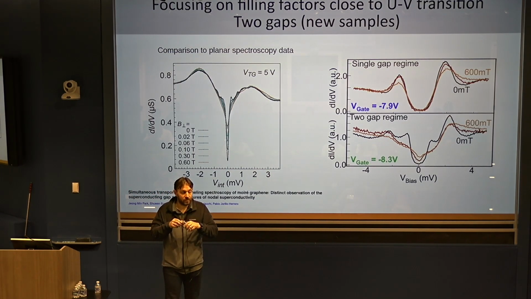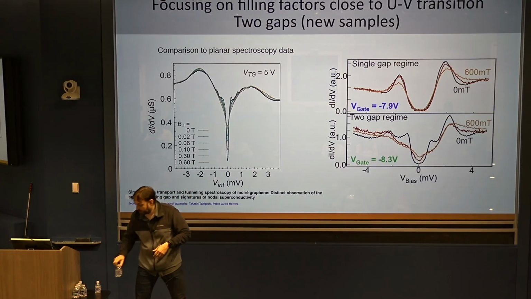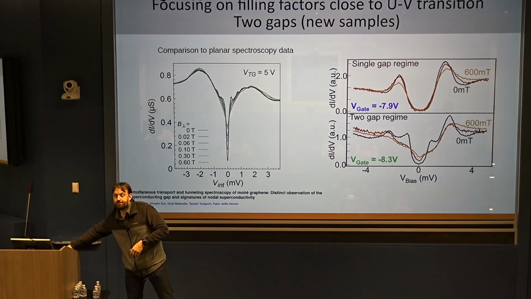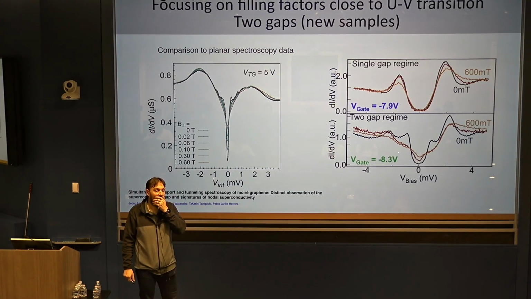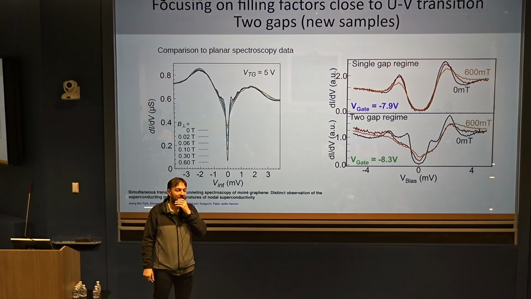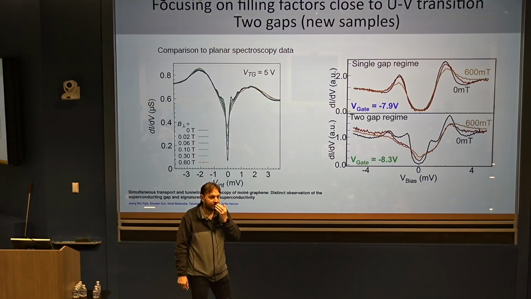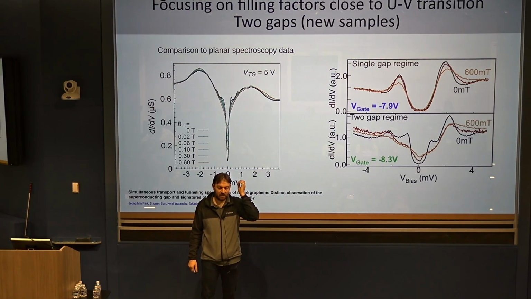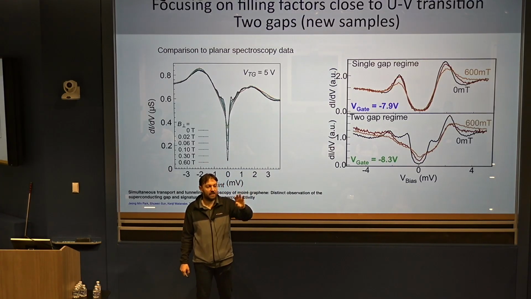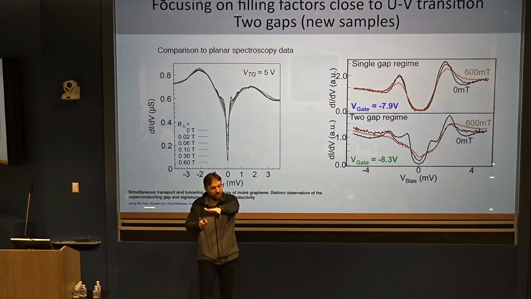Commensurate structure, it's a unidirectional density wave, is that right? The wave vector is in one direction. Yes. And when you're talking about strain, are you talking about heterostrain or uniform strain? We are confident that we can extract the heterostrain, meaning the strain between different layers.